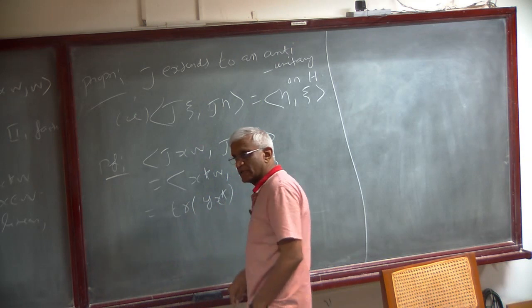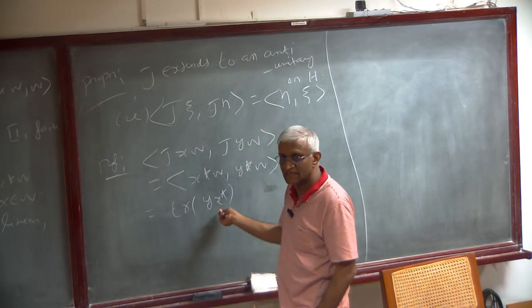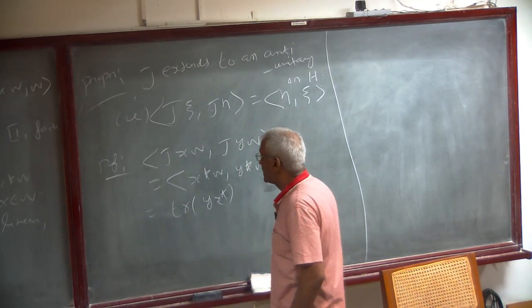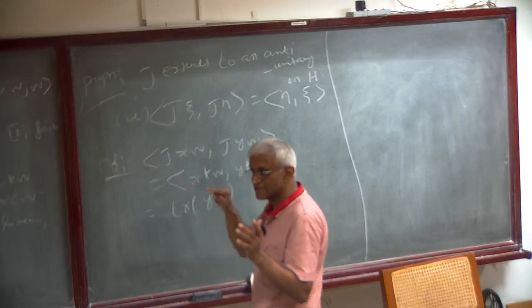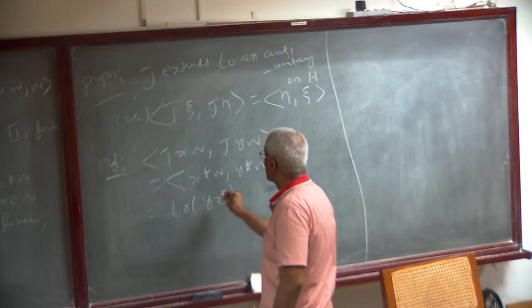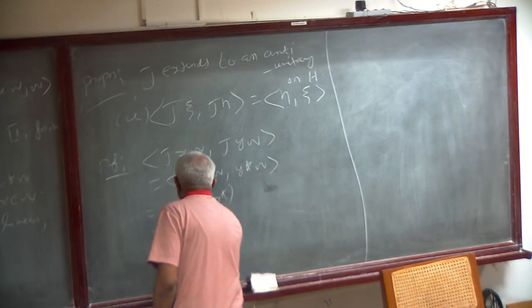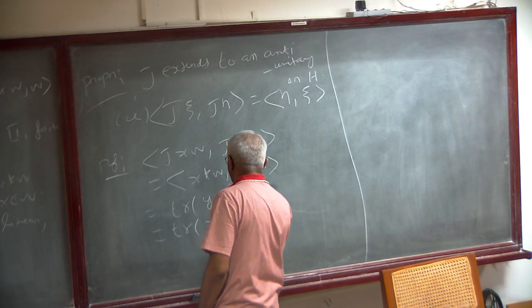This is the GNS thing. I forgot to say, our gamma G is in standard form. I will come to this after this. So trace y x star is the same as trace of x star y.